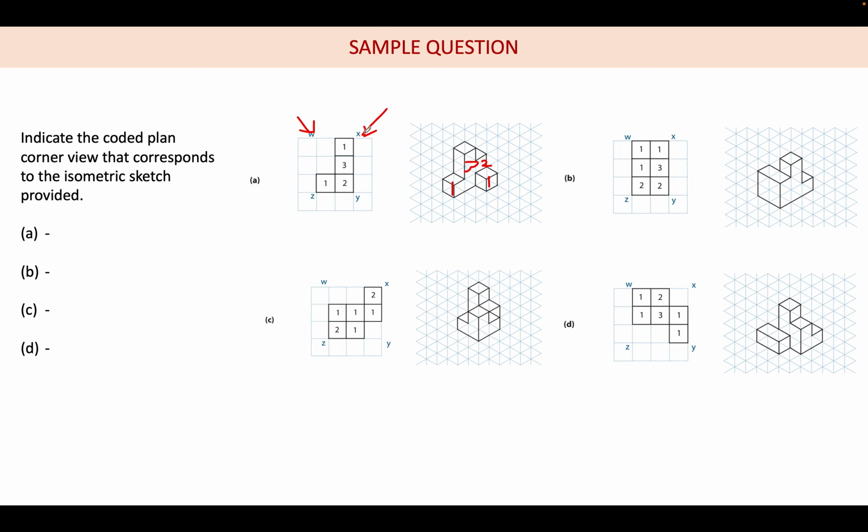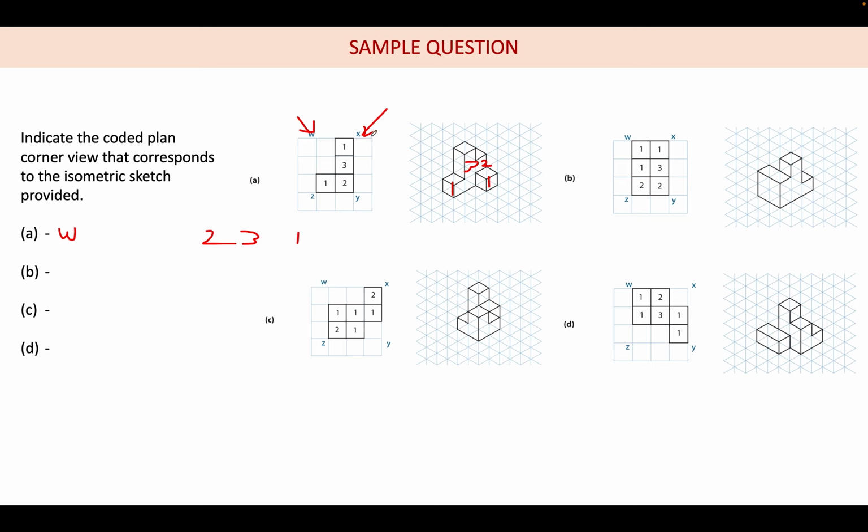If you see on the left hand side, 1 is there, 3, then 2 should come. But if you look here, 1 is there, then 3 is there, and to the left hand side of 3 only there is 2. But here to the left of 3 there is 1 only. So W is the answer.